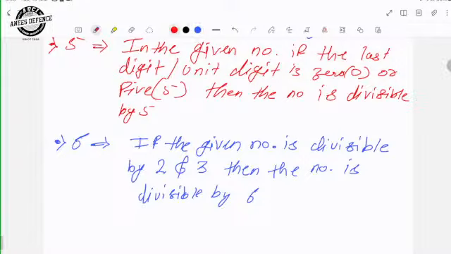The given number should be divisible by both 2 and 3. Then and only then will the number be divisible by 6.